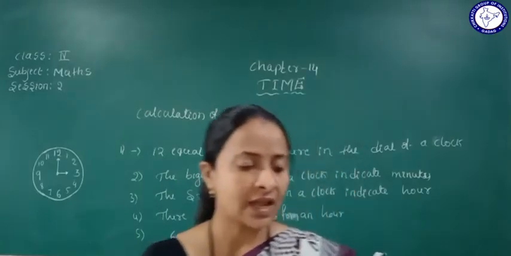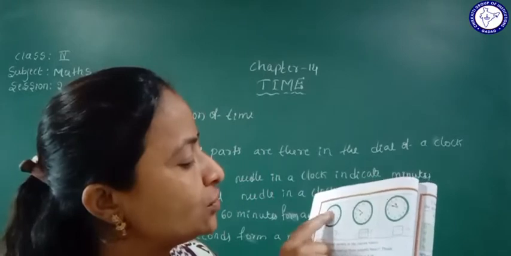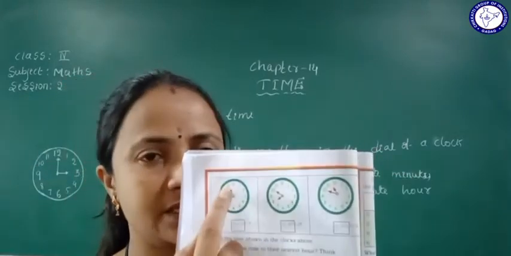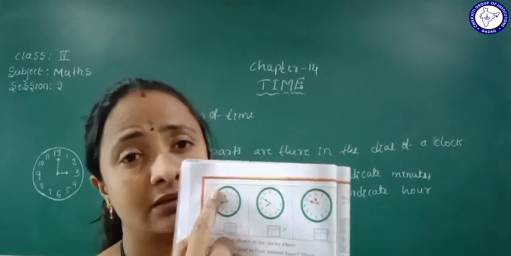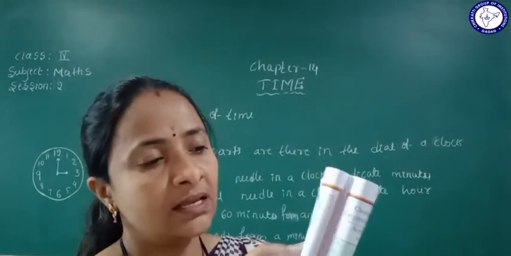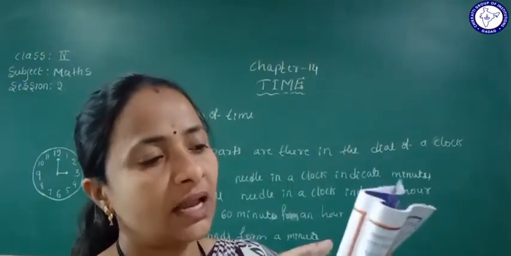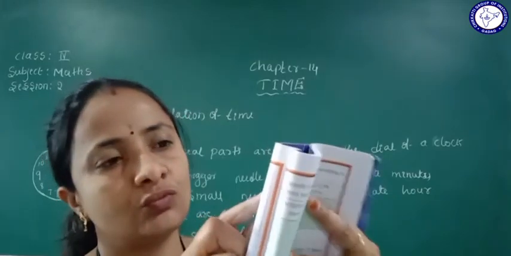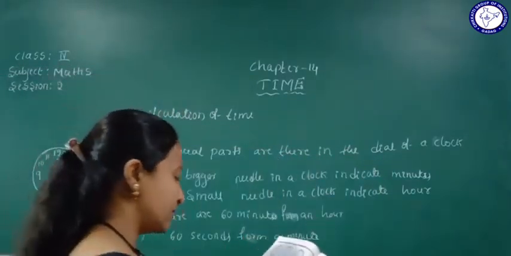Here, 5 minutes to 9. When it reaches 9 it becomes 9 o'clock, so it is 5 minutes to 9. Here, 10 minutes to 8. And here, 10 minutes to 12.